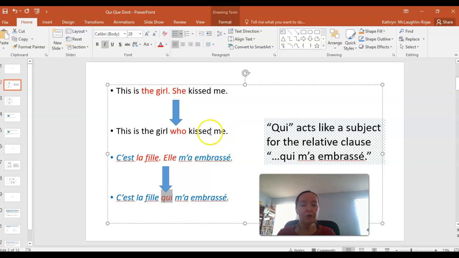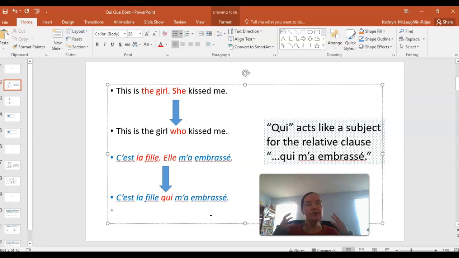Yay. And you will notice whenever you use qui, what comes after it is going to be a verb, because who is the subject, kissed is a verb. Qui is the subject, a embrassé in this case, in French word order, would be the verb. Qui a embrassé, and then moi is like the me at the end in English.